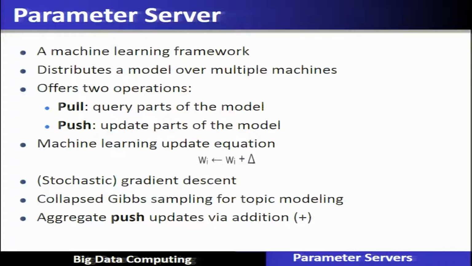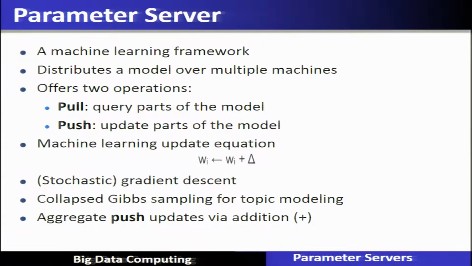The machine learning framework requires the use of a parameter server, which distributes a model over multiple machines and offers two different operations. One is called pull, which is the query part of the model, and the other is push, which means the update part of the model.